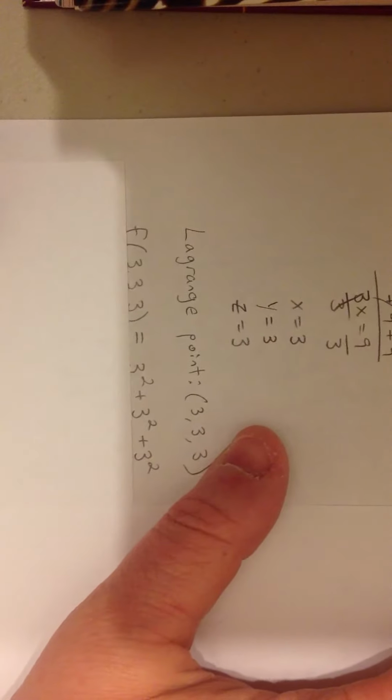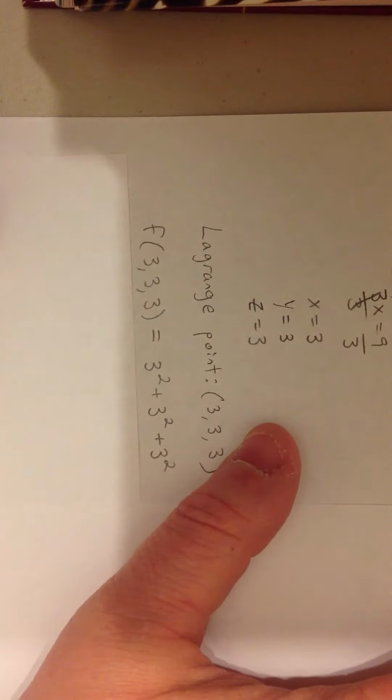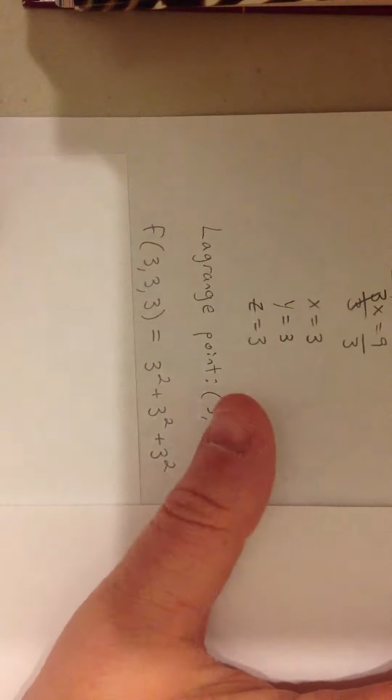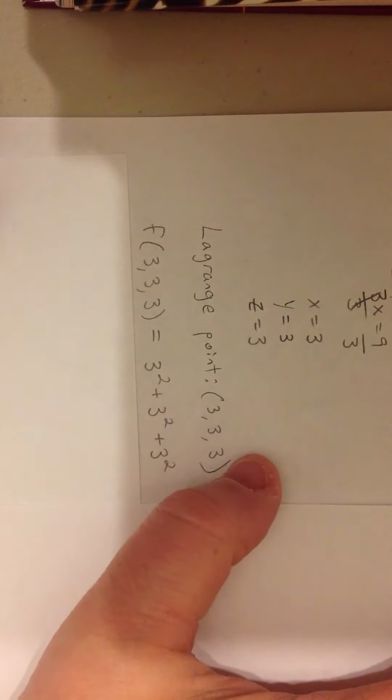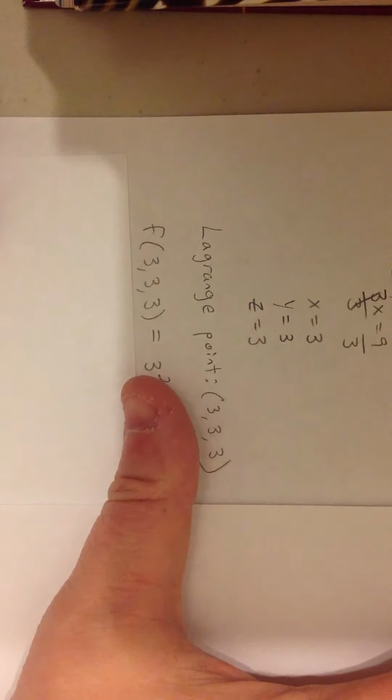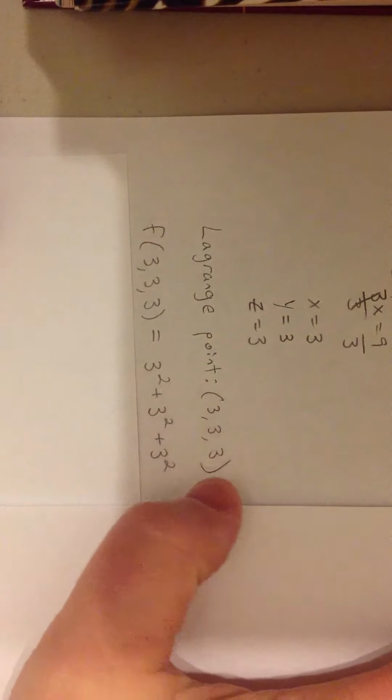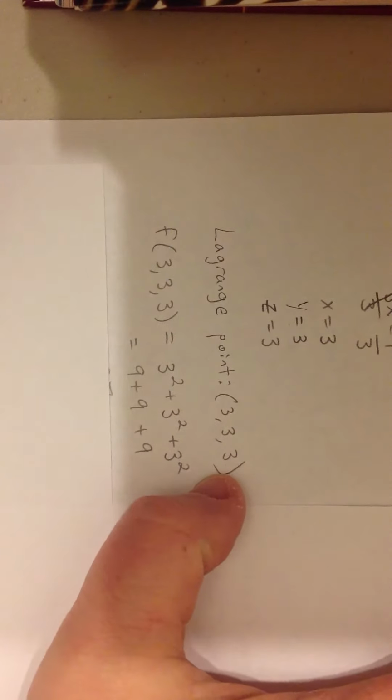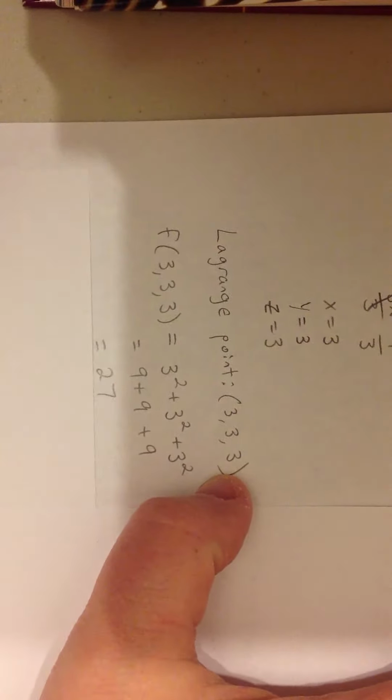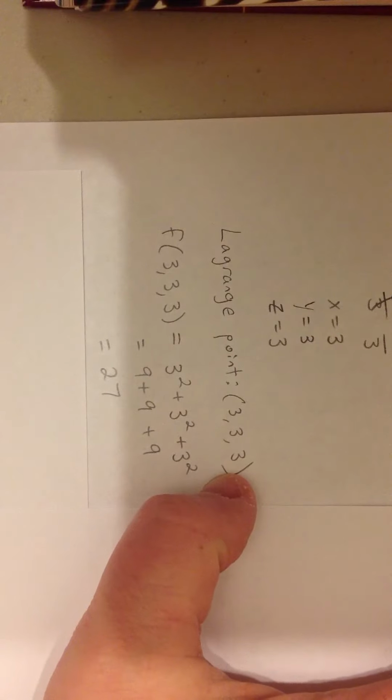So we can take that Lagrange point and plug it into our original function, which said x squared plus y squared plus z squared. So 3 squared plus 3 squared plus 3 squared is 9 plus 9 plus 9, which gives us 27.